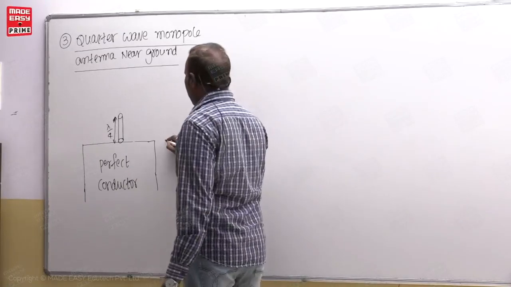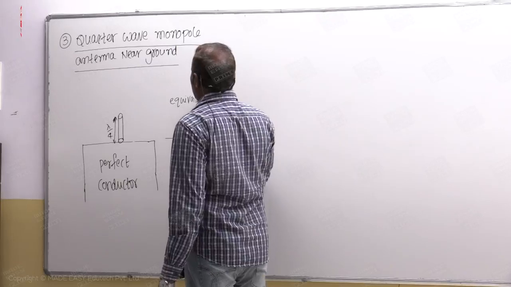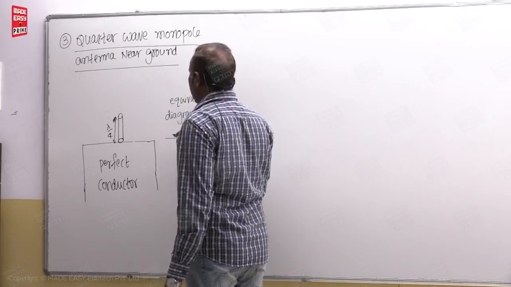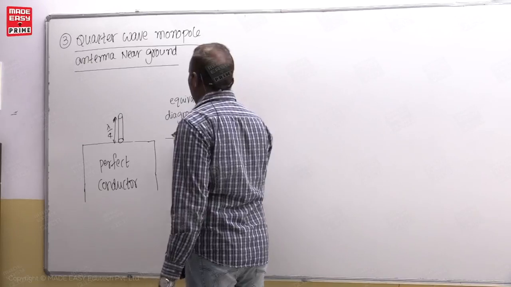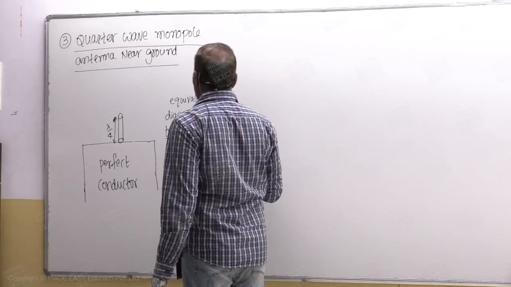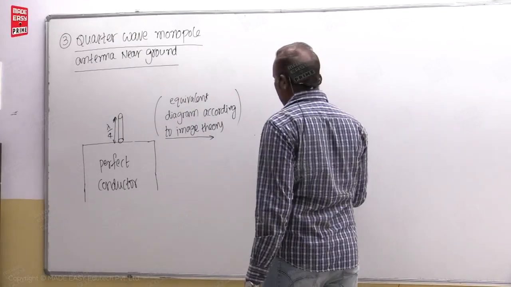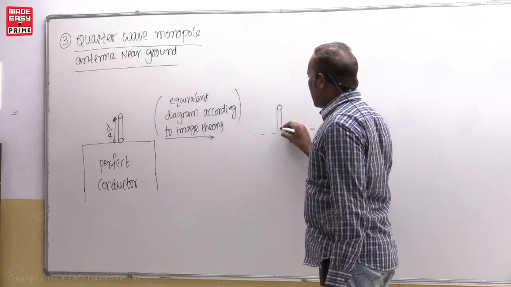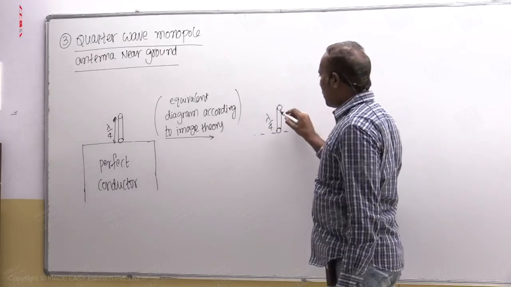Now, this diagram is replaced with the equivalent diagram according to image theory. You have to draw here a reference line, and then this is the original conductor of length lambda by 4.